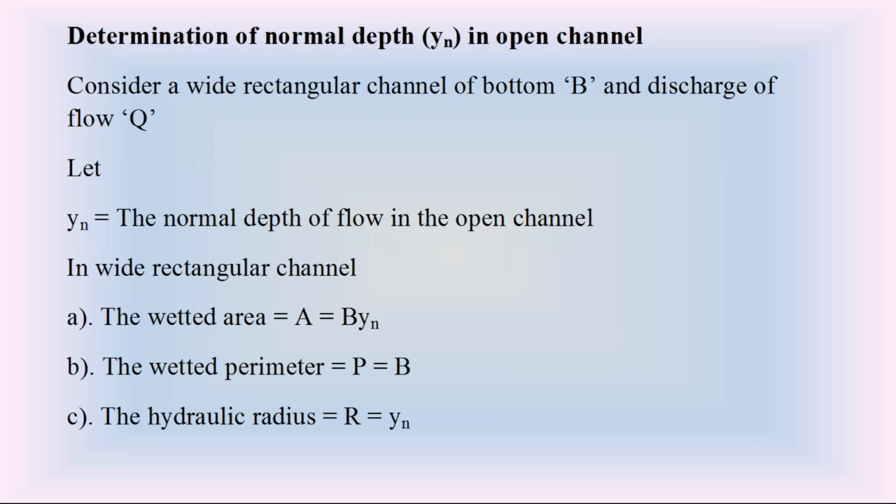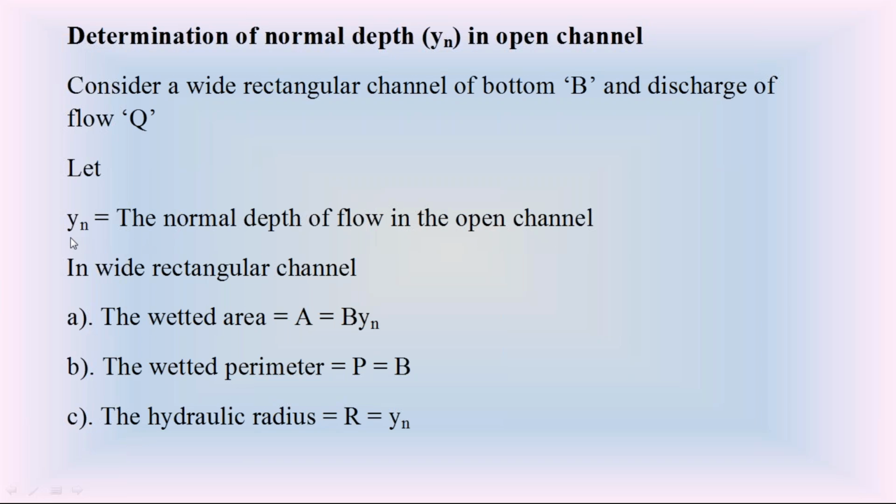Now coming to this determination of the normal depth Yn in the wide rectangular open channel, consider a wide rectangular channel of bottom width B. Let the discharge of flow in that wide rectangular channel be Q. Assume that in that wide rectangular channel, Yn is the normal depth of flow. We are going to discuss how to determine this Yn.